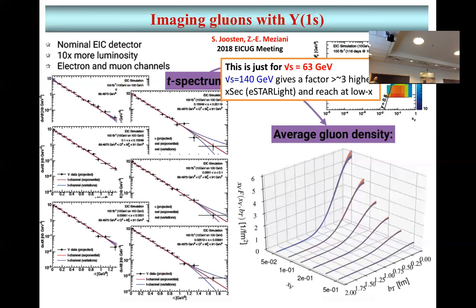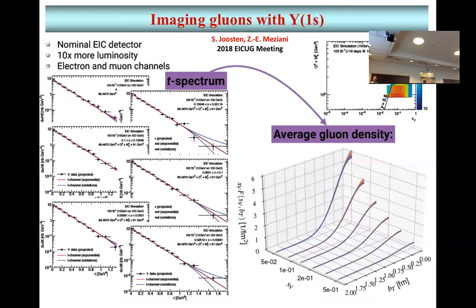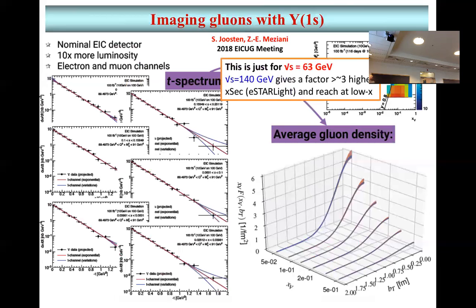Instead of the J/psi, which in DVCS we always say is at high or low energy, this is done at an intermediate energy. But it's fine, because if you go to the top energy, going lower in X, you have three times more cross section that compensates for the drop in luminosity you may have at highest energy. So you can measure J/psi in the whole range.